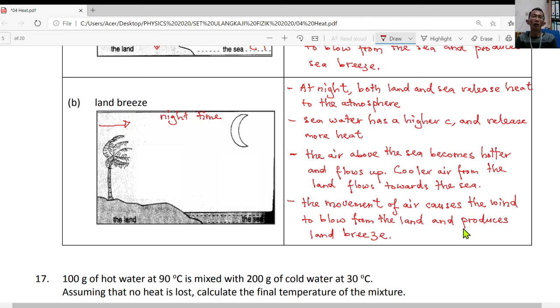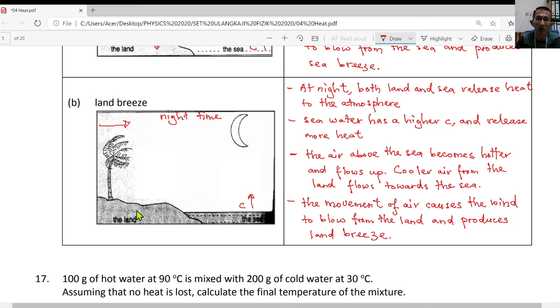All right. So what happened during nighttime is both the land and the sea are going to release the heat to the atmosphere. Remember that during daytime, they both receive the same amount of energy from the sun. And we also know that C, the specific heat capacity for seawater, is greater.